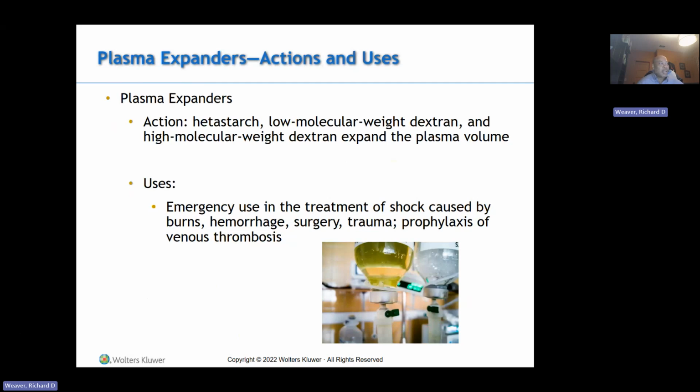That's another one. And high molecular weight dextran expands the plasma volume. These are just different types. The hetastarch and the dextran help to expand the plasma volume. We use it in the treatment of shock caused by burns, hemorrhage, surgery, trauma, and also prophylaxis of venous thrombosis as well.